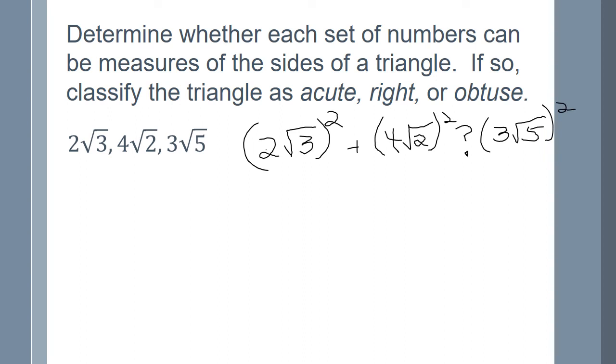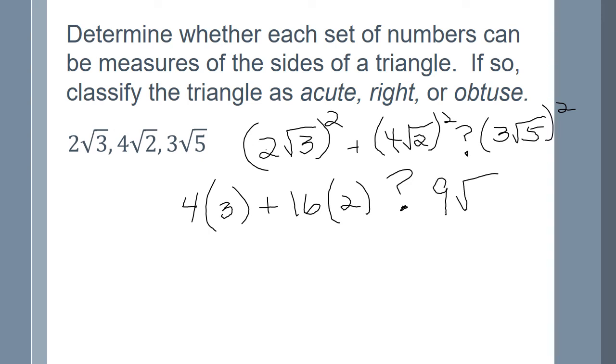So 2 squared is 4, times the square root of 3 squared is 3, plus 4 squared is 16, and square root of 2 squared is 2, and this is how you can do this longhand. And you better be practicing this, because you'll have to do it next year in Algebra 2 with trig. 3 squared is 9. Square root of 5 squared is, oops, no, get rid of that. That's 5.